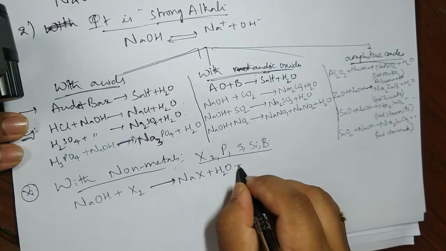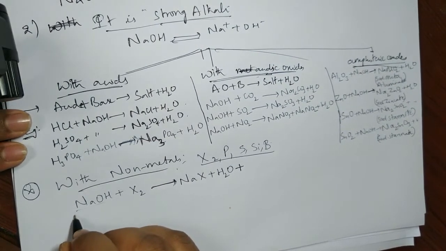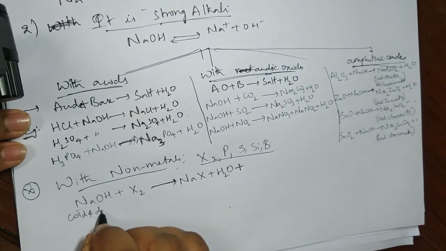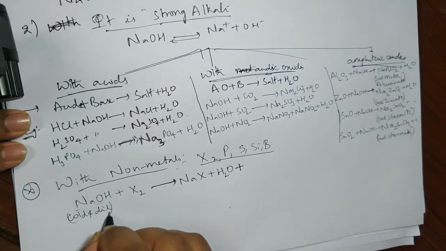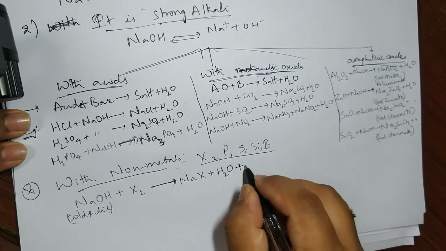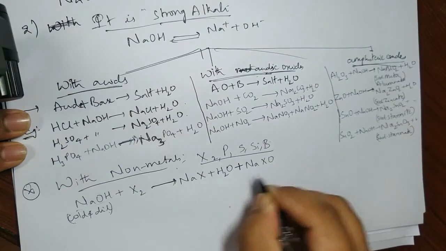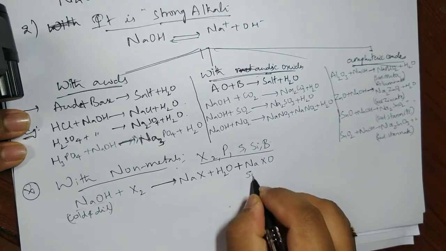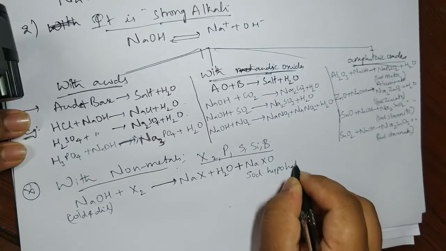Now apart from this, remember this, depending upon the concentration of NaOH, if I have cold and dilute NaOH, I also have NaXO or NaOX. This is sodium hypohalite.